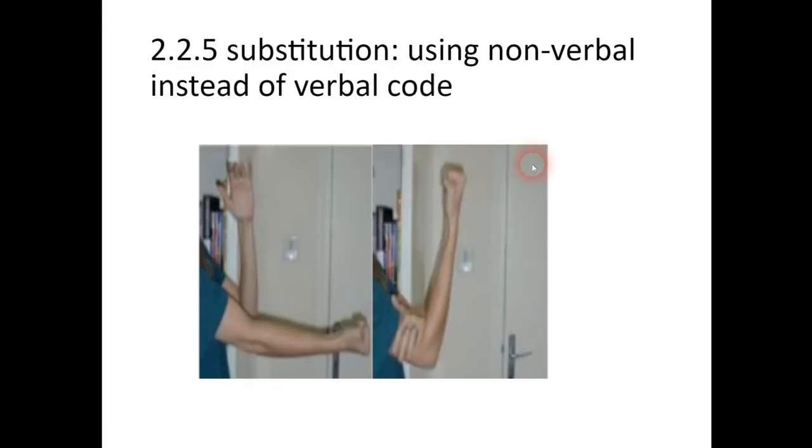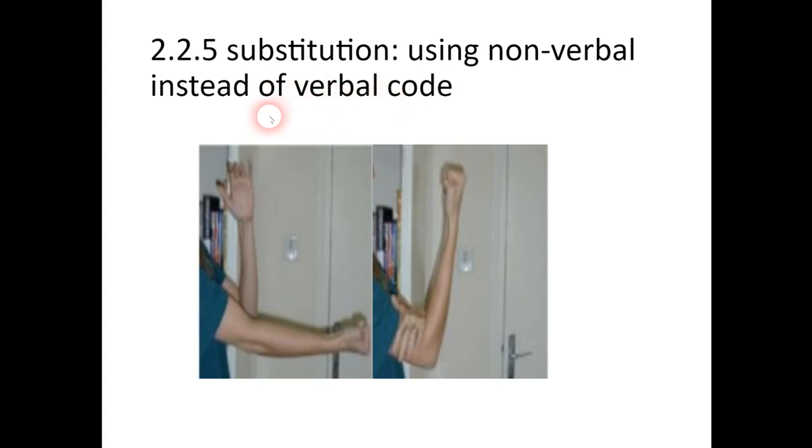You can use your body language as a substitution, using non-verbal instead of verbal code. I can give you a clear example.